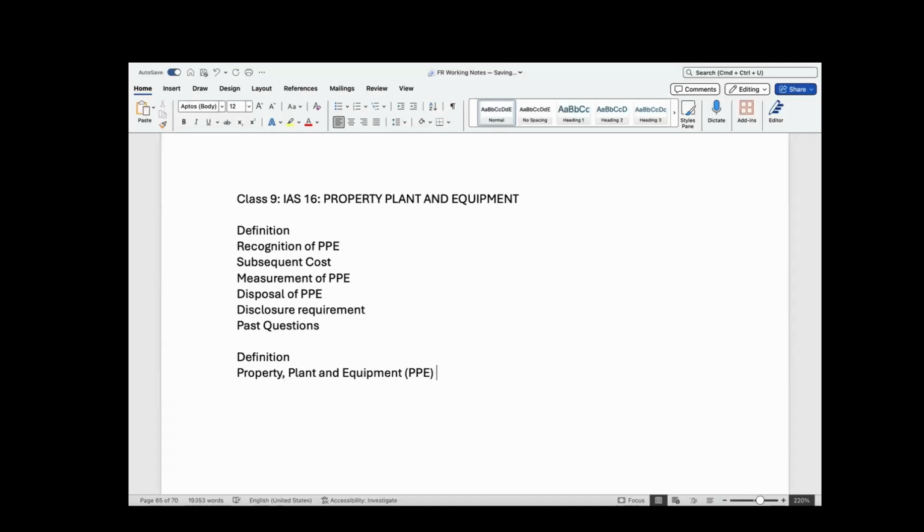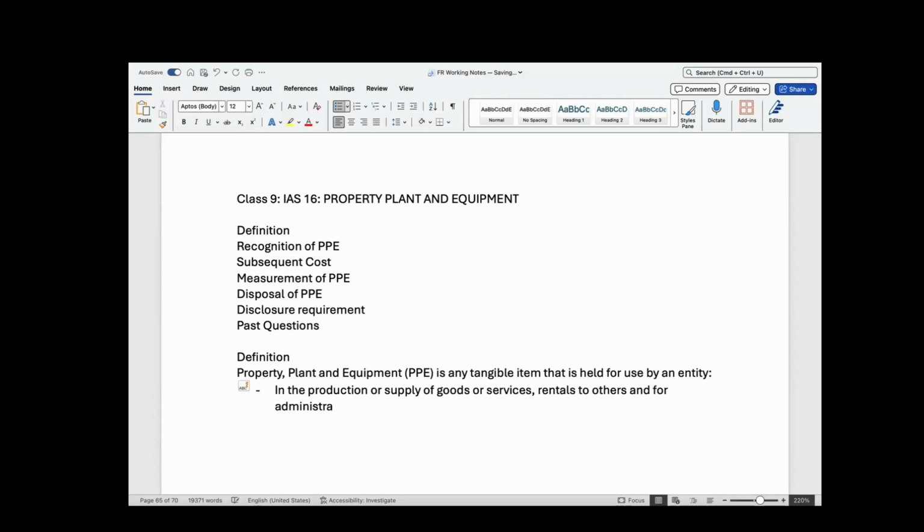Property, plant, and equipment is any tangible item that is held for use by an entity, of course, in the production or supply of goods or services, rentals to others, and for administrative purposes.